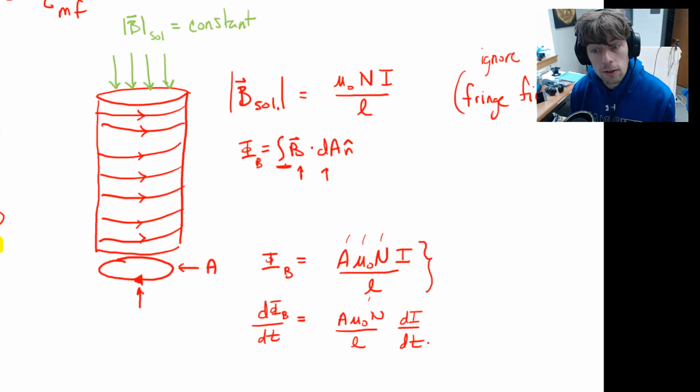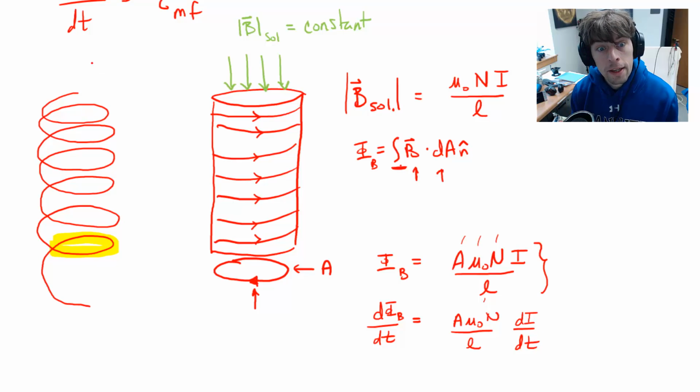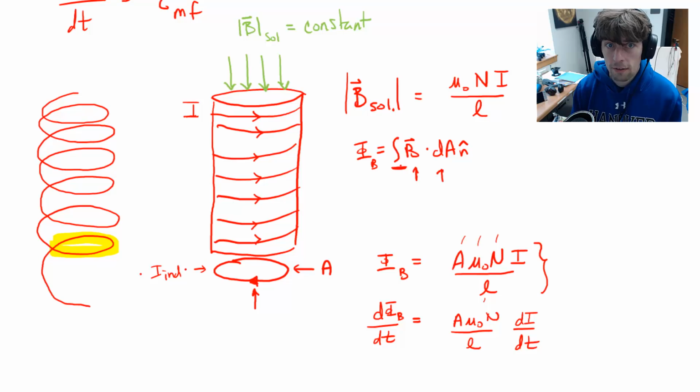Now, one way you could argue this di dt, is that you start putting a current I in here. Okay? And because of that current I, there is an induced current in the bottom coil. We already talked about that. But now we could go a step further. Because there's an induced current in the bottom coil, that means that that induced current generates an induced magnetic field, and that induced magnetic field has a flux through the original solenoid.